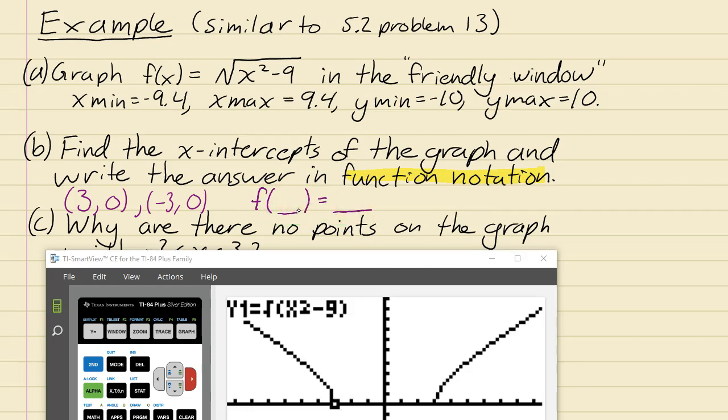The first one is f of 3, because that's an x coordinate, which we write as the input into the function, equals 0, like so. And the other one is f of negative 3 is 0. And that is really the answer to this question.